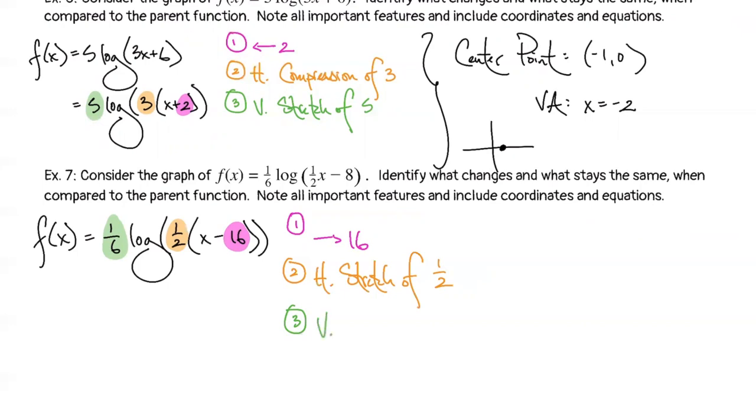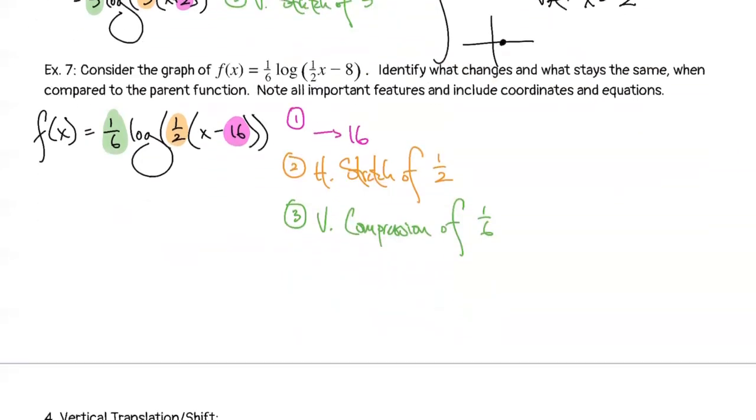Good. We're going to do a vertical compression of 1/6. Perfect. Okay. And I'll let you play around with what that vertical asymptote might be, what that center point might be.